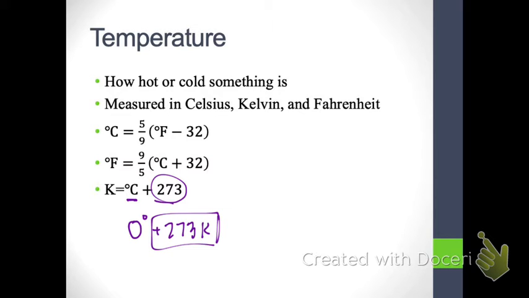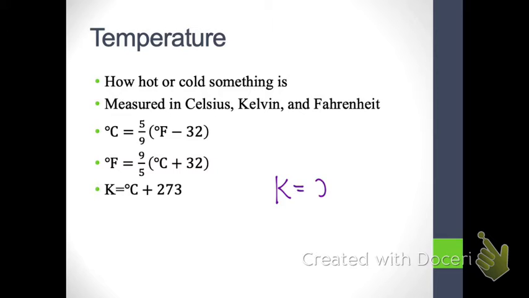Do you know what the point is that is called when Kelvin equals negative 273? I'm sorry, no, I said that backwards. What is it called when Kelvin is equal to 0? This would mean that Celsius is equal to negative 273 degrees Celsius. Do you know what that's called?